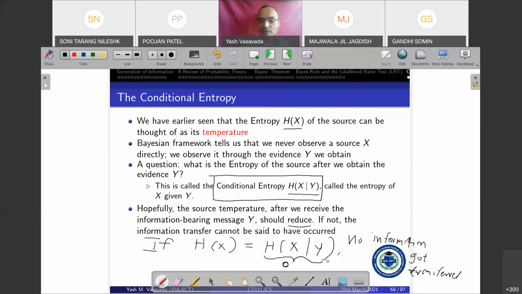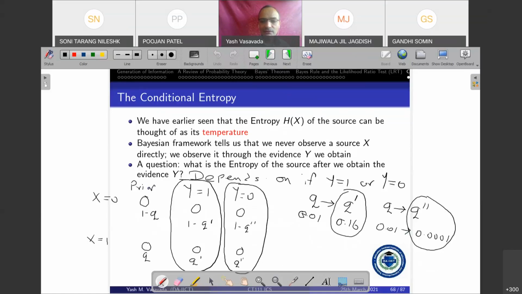P is that crossover probability, and P is typically never zero. And so therefore, this conditional entropy also will not be zero after you get a measurement. That is what we saw here. Conditional entropy won't be zero if this becomes 0.16, or even if Q prime is much smaller than 1%, but Q prime is still not zero.